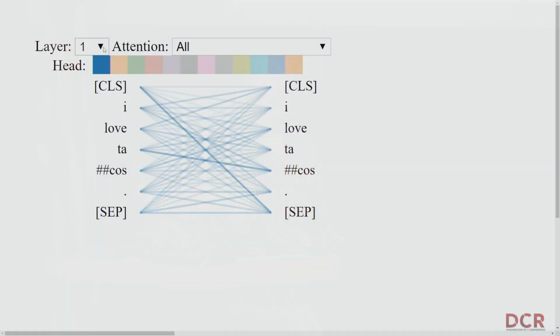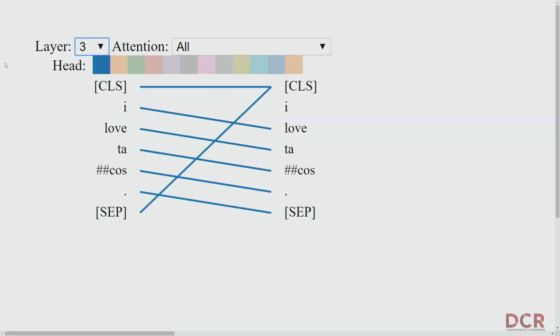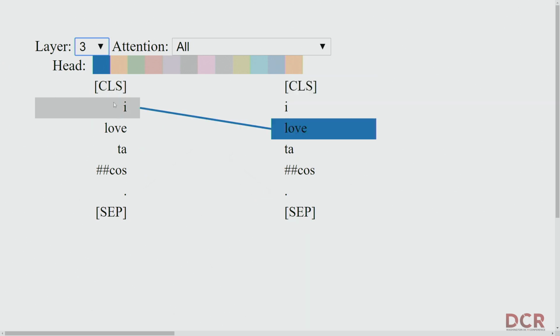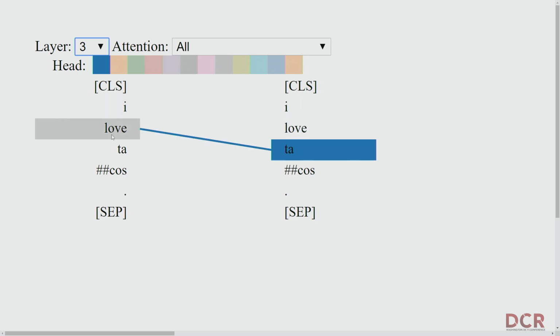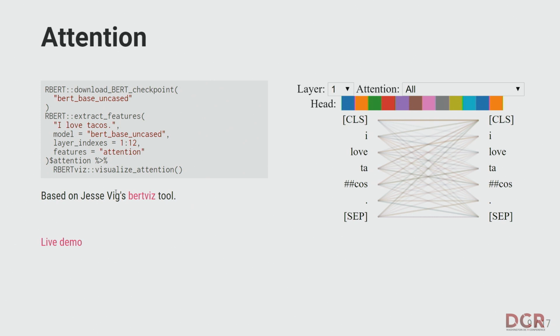Something interesting: just a few layers in, you get something kind of like edge detectors, where it doesn't look like much, but it's just saying, hey, pay attention to the next word. The next word might matter, use the weight from that. Each of these words, other than the weird tokens at the beginning and end, is just looking at the next token.